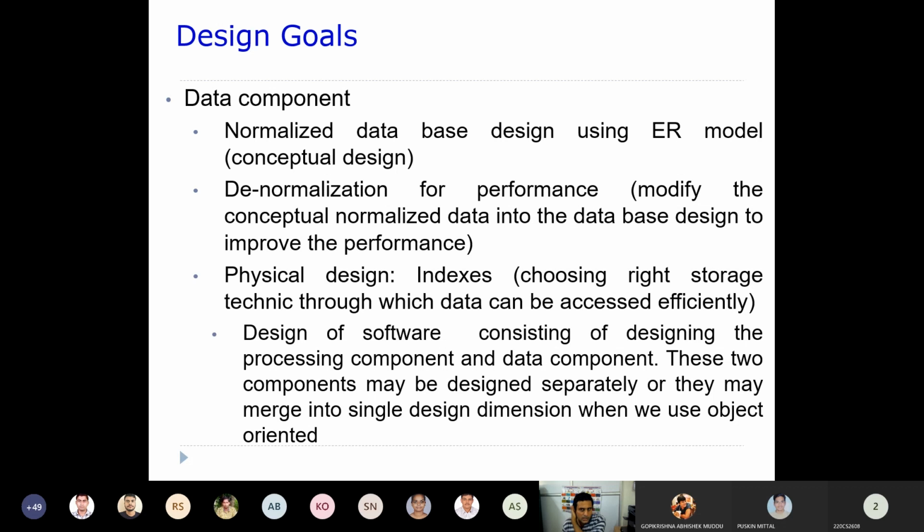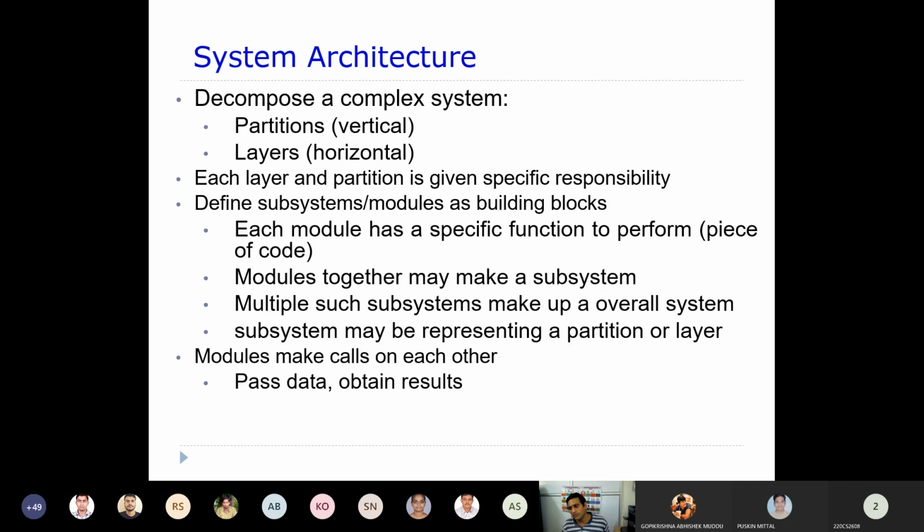Now, in any design, the deliverable that usually comes out of this phase is a system architecture. When you talk about any system architecture, whatever the complex system that we have will be decomposed into some sort of subsystems.